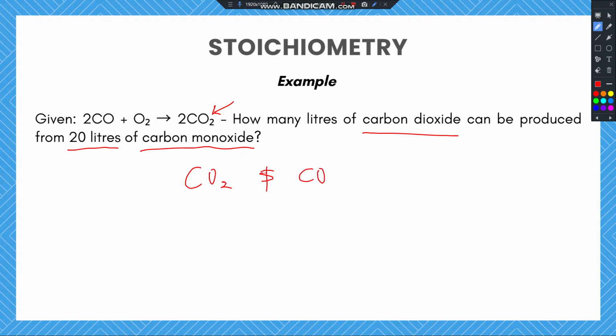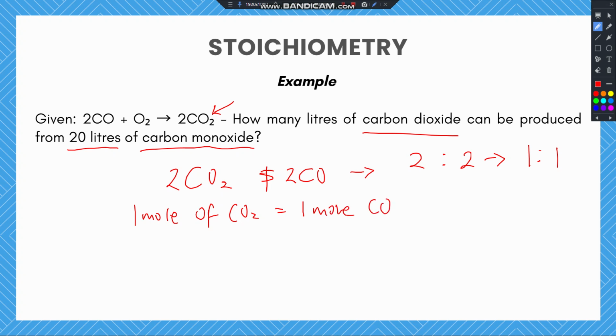From the chemical equation, you can see that both of them have coefficients of 2 apiece. So the mole ratio becomes 2:2. This can be simplified to become 1:1. The meaning of that is 1 mole of CO2, carbon dioxide, is produced by 1 mole of CO, carbon monoxide.